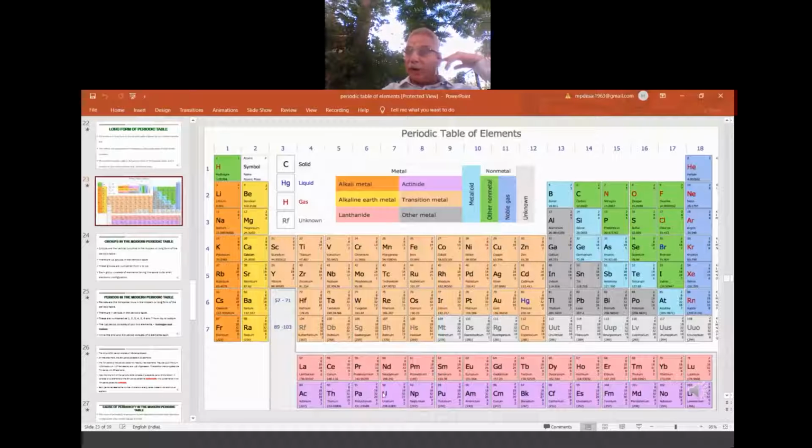plus up to uranium, naturally occurring. We have to wait for other naturally occurring elements, but there are some man-made synthetic elements that we have made for study and research purposes. Otherwise, they are not to be taken into consideration with respect to natural occurrence. So only up to uranium, atomic number 92.